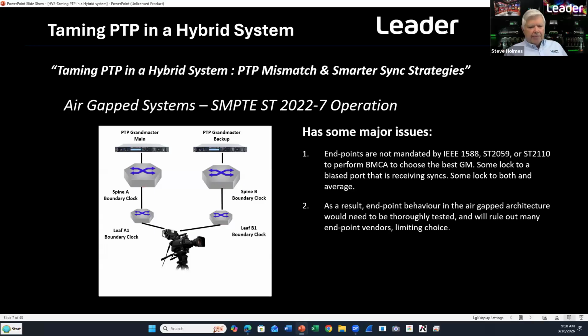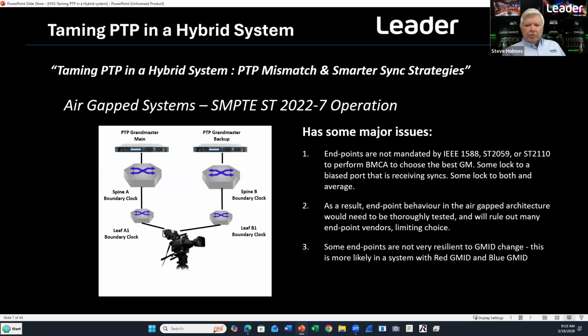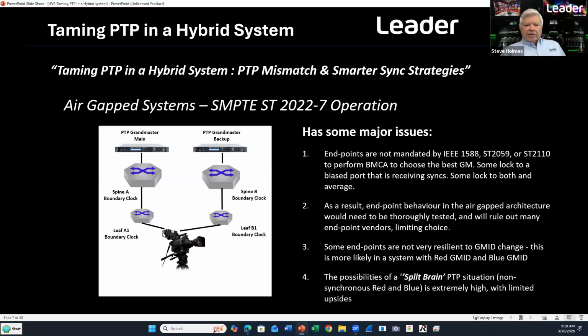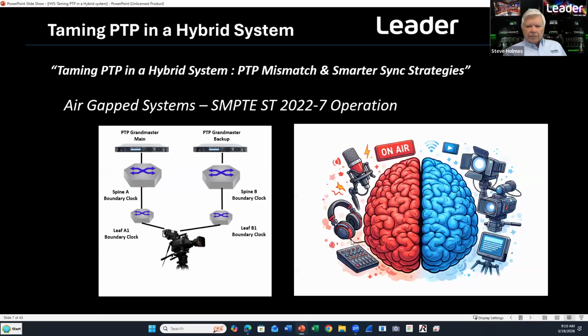Now, most of the time, PTP does its darndest to null that network delay out, but it's not absolutely perfect. So we can have several things happen here, and we call it the split brain syndrome.